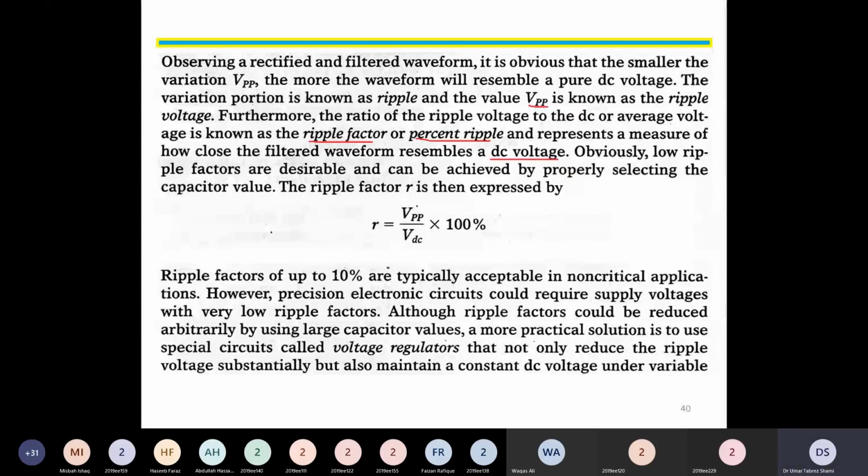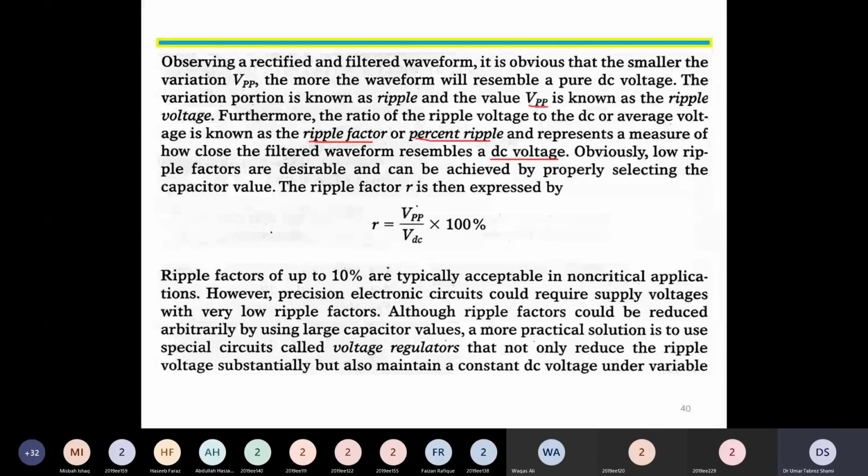So here he said that the ripple voltage should have a normal value for your normal regular loads. The ripple voltage should not exceed 10%. But for more precision power supplies, we need a lesser ripple factor. The capacitor is the best solution, but other techniques include voltage regulators.